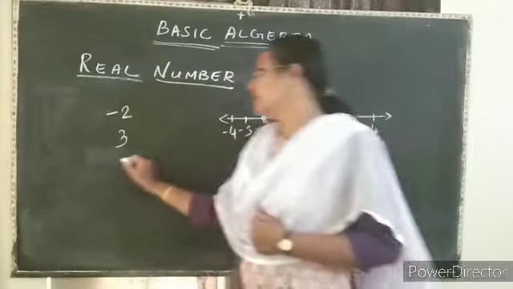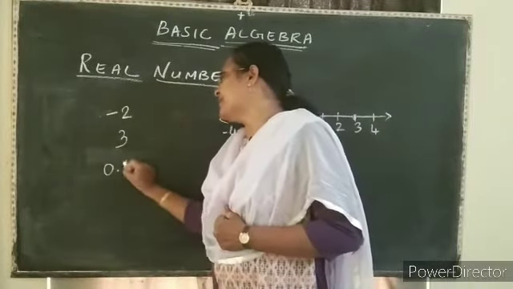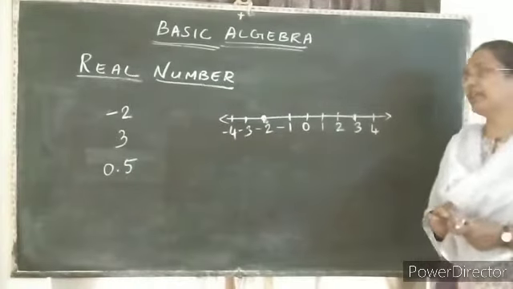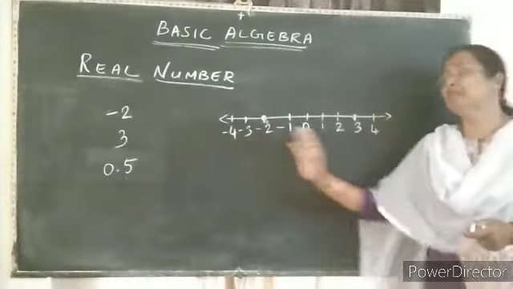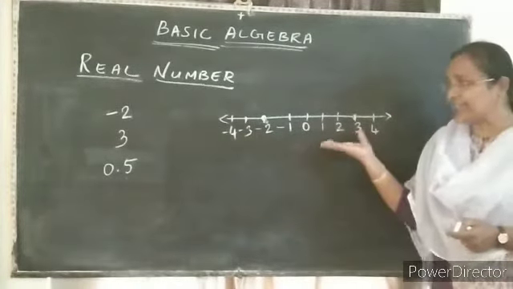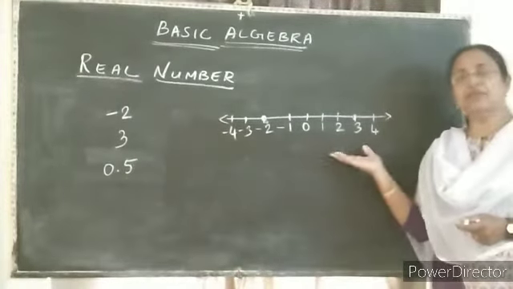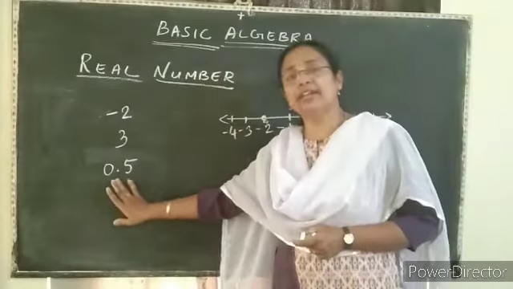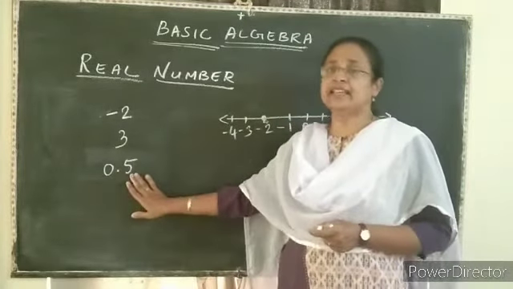Now you just plot the point 0.5. If I ask you to plot the point 0.5 on the number line, it's not given directly, but of course we can plot the point 0.5 on the number line. Yes or no?